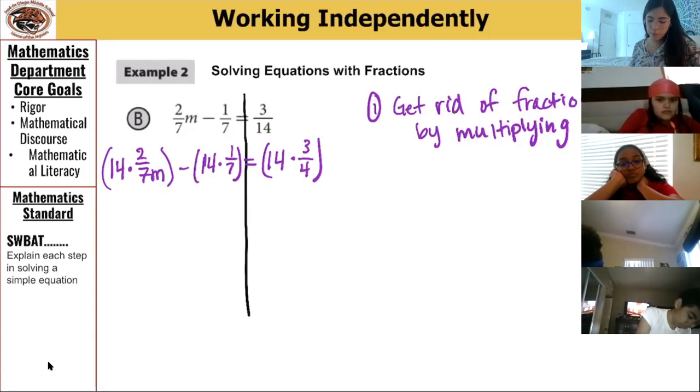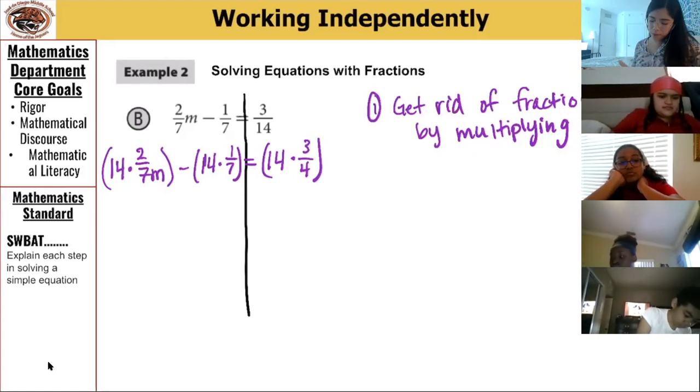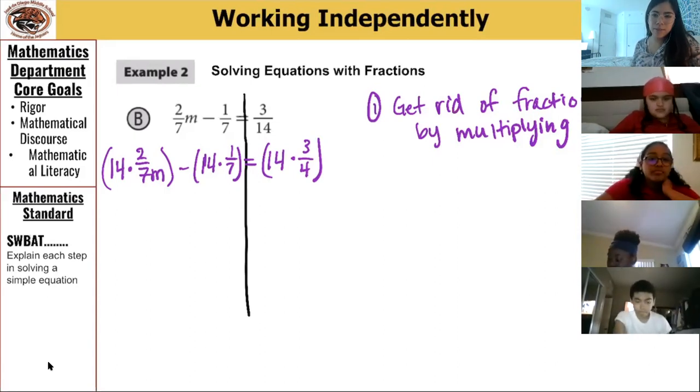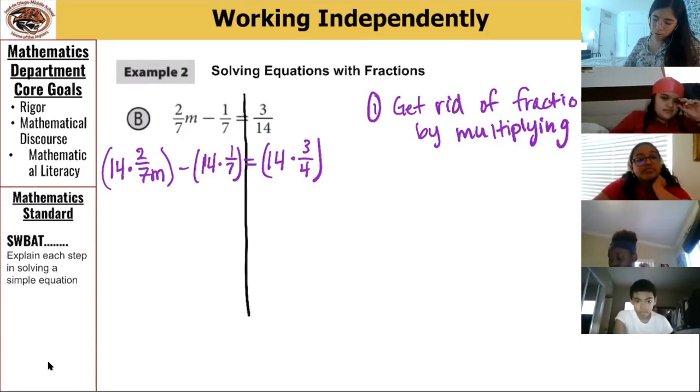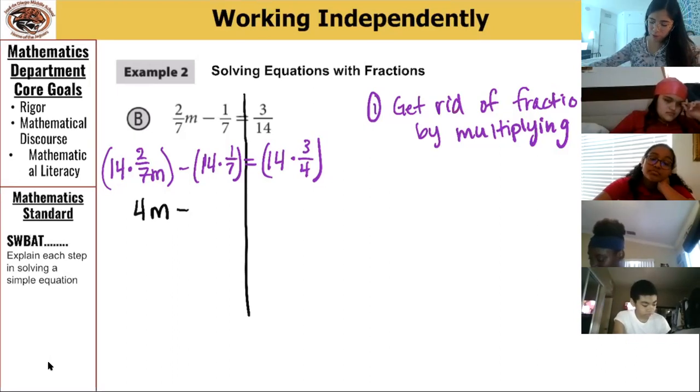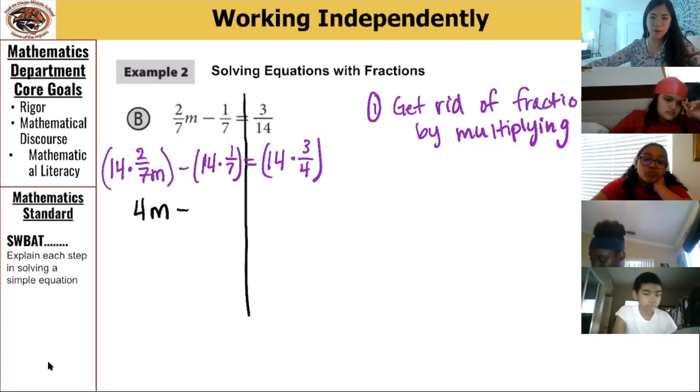So that's going to be 14 times 2. What's 14 times 2? 28. And then I'm going to divide that by 7. What's 28 divided by 7? 4. So now here I get 4m. In the next one, I'm doing 14 times 1, which is just 14.